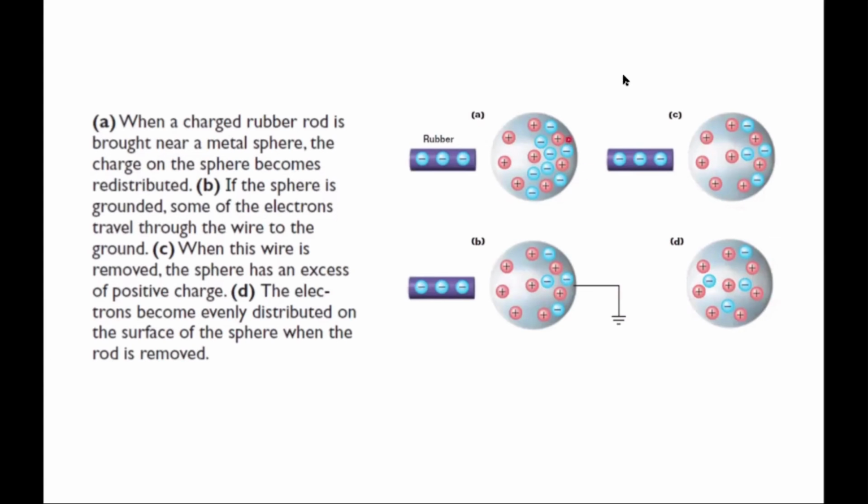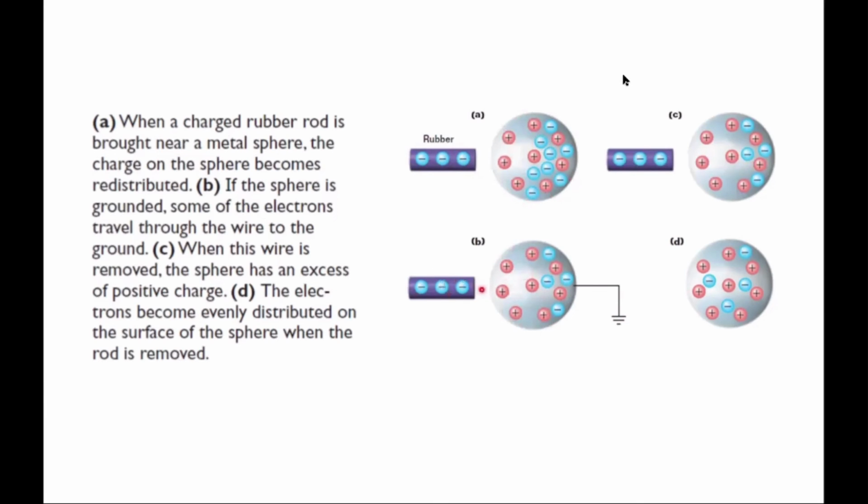In part A, here we have a sphere that is neutral, okay? But since we put a negatively charged rubber rod, which means it is a negative insulator, beside this neutral sphere, we see that the electrons and the protons redistribute. So the electrons will go to the right side, and the protons will go to the left side. Why?